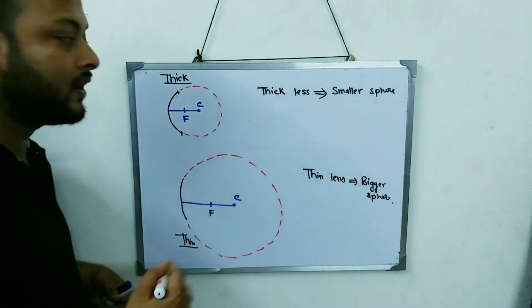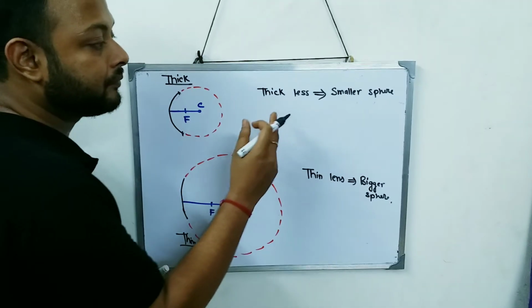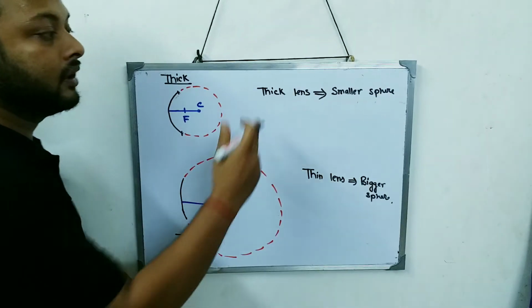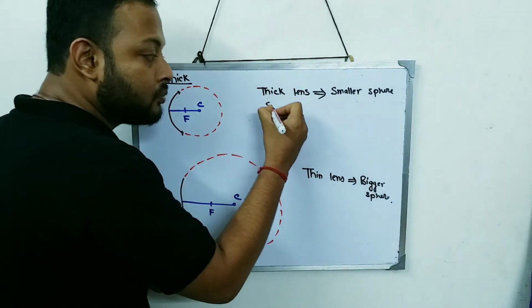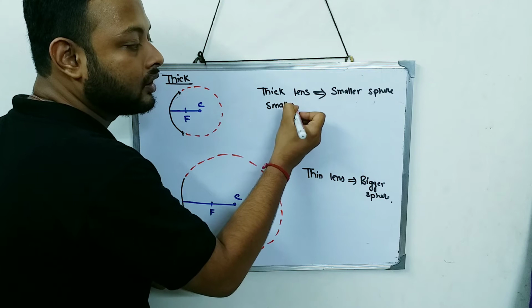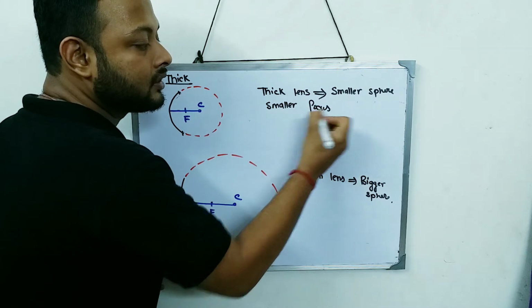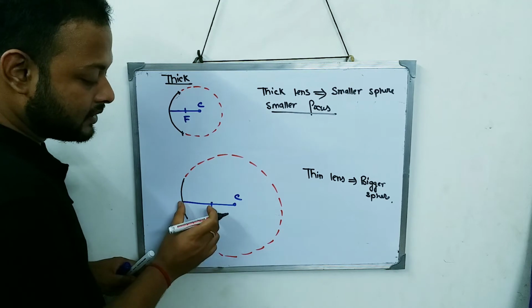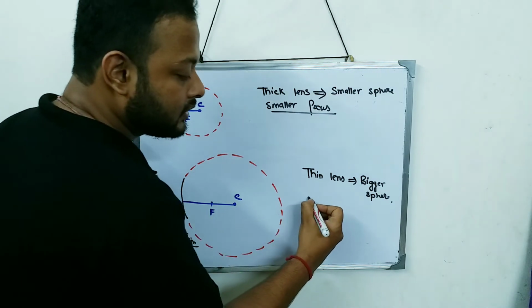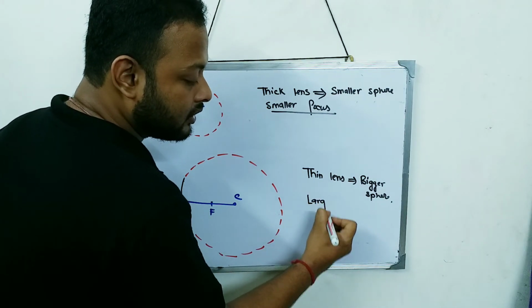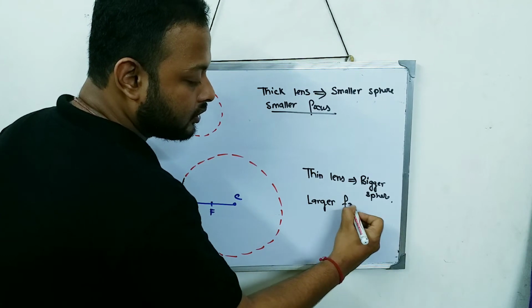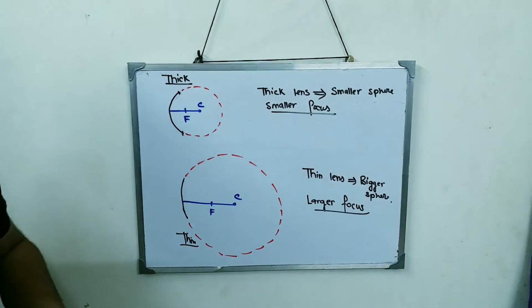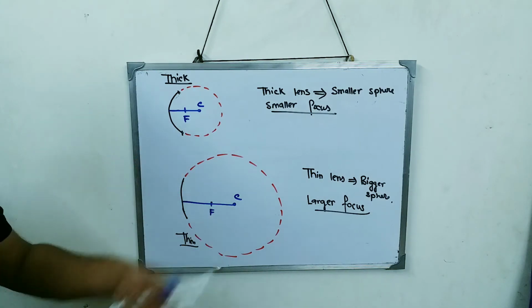Your answer is very clear. A thick lens has smaller focus, whereas a thin lens has larger focus.